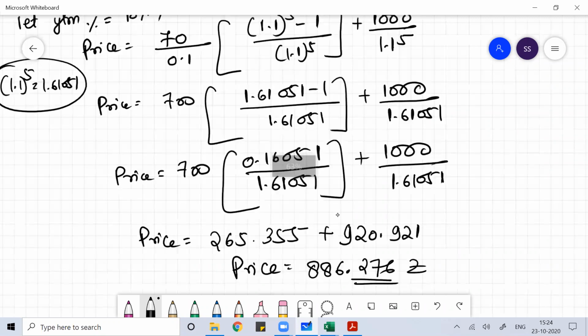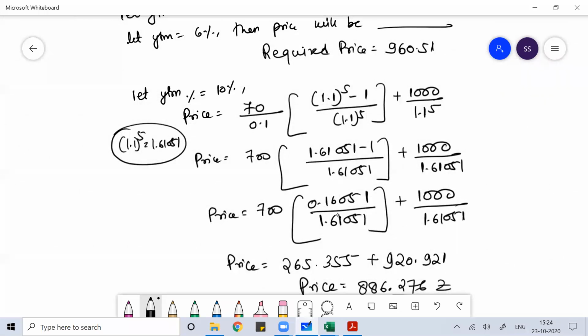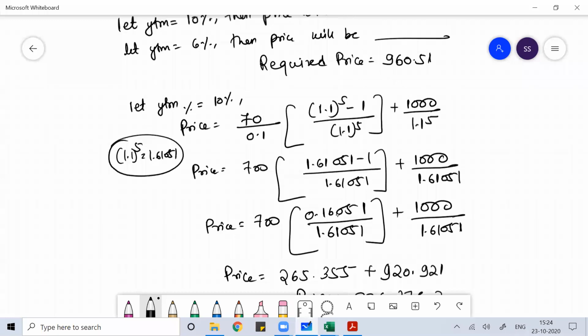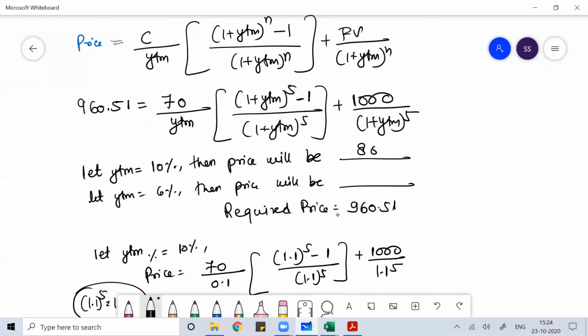There is no direct formula to find the YTM. The only way to find YTM is the trial and error method. I don't know the value of YTM, so I assume YTM is 10%, then the price is 886.276.